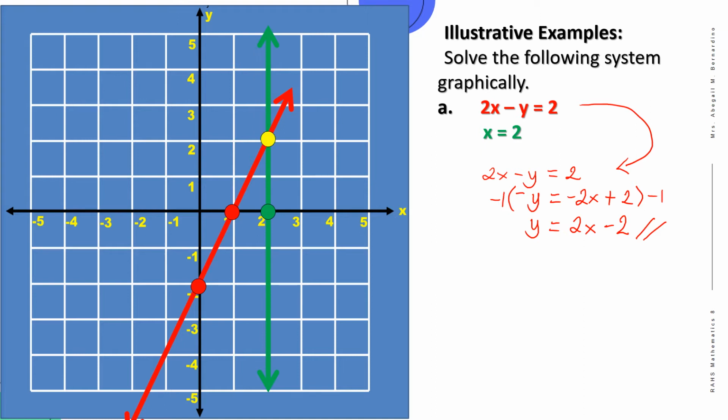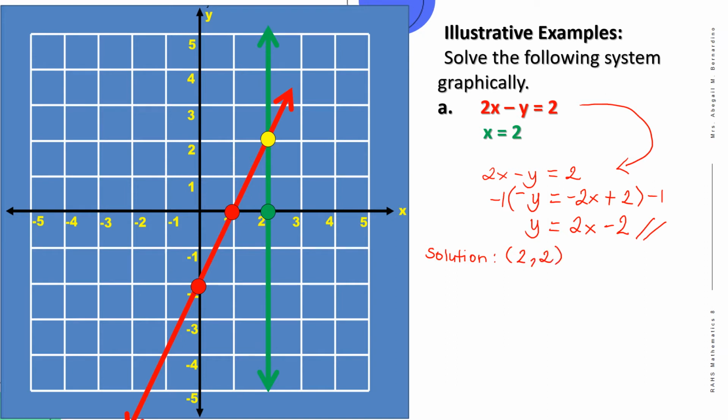Here is the point of intersection. And it is located at what? The solution or the point of intersection will be positive 2, positive 2.